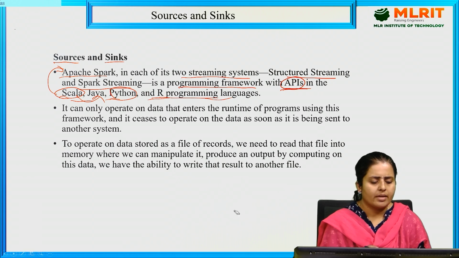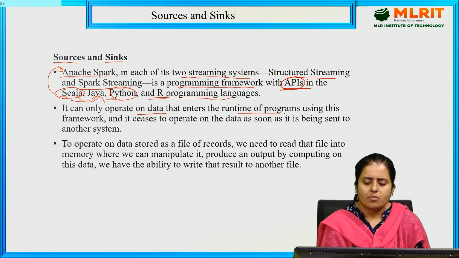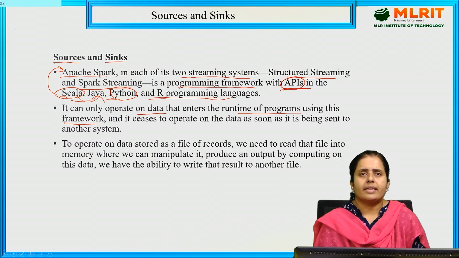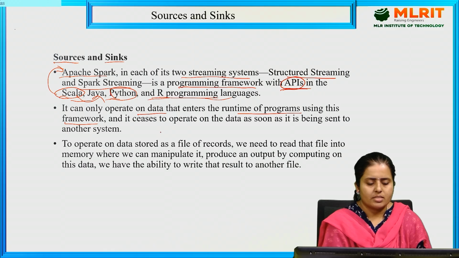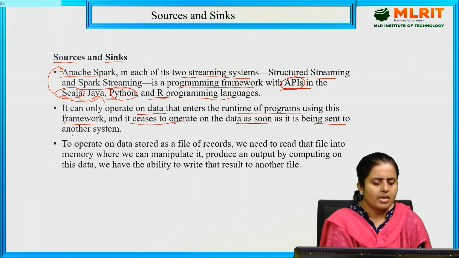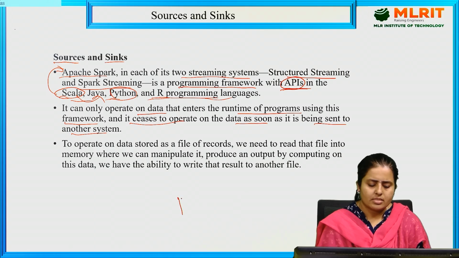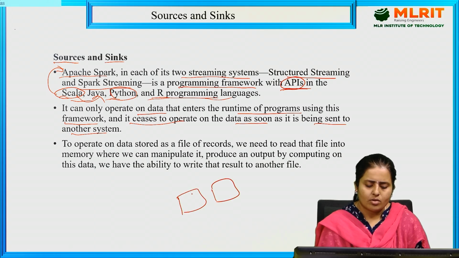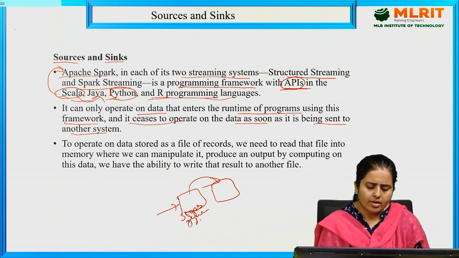Okay, next, it can only operate on data that enters the runtime of programs using this framework. So this framework works as an integration between multiple technologies, and it ceases to operate on the data as it is being sent to another system. Once the system has sent data to another system, it automatically stops generating the data, or the data is ceased on the first system.